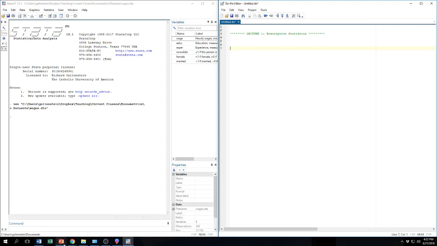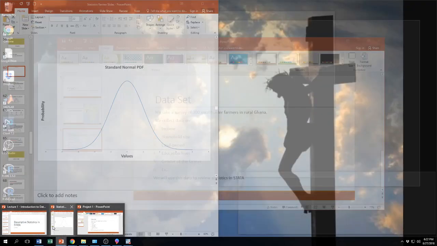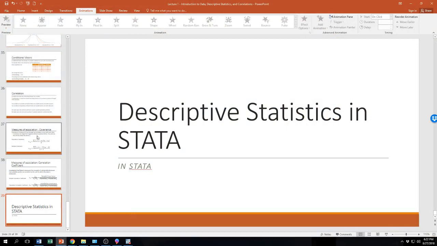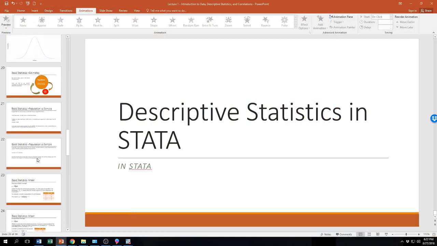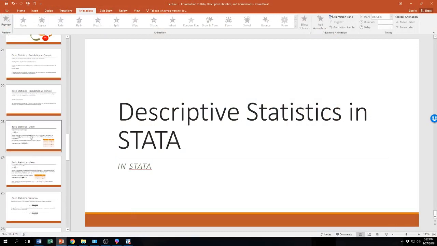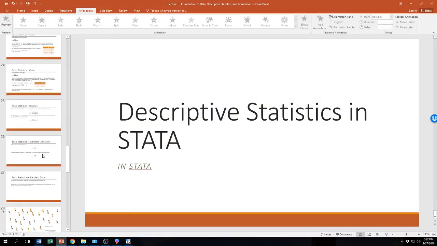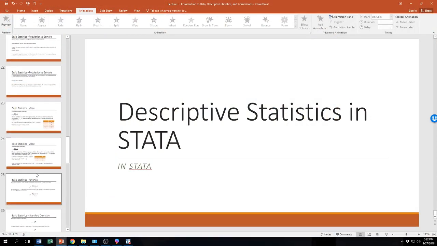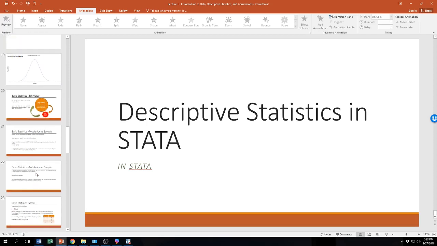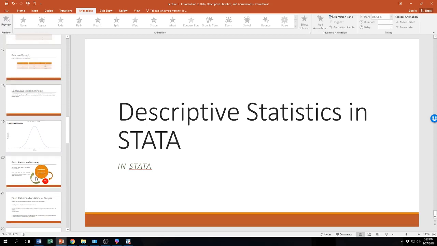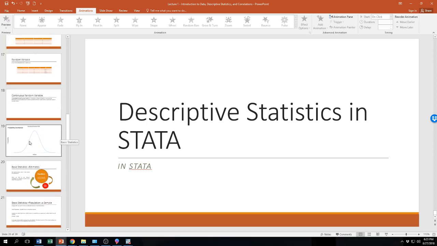So let's remind ourselves, what are some of the things that we want to look at? This is our lecture. Let's generate some descriptive statistics. Let's look at the mean, the variance, the standard deviation of some of our data. Let's think a little bit about what the distribution of our data looks like.